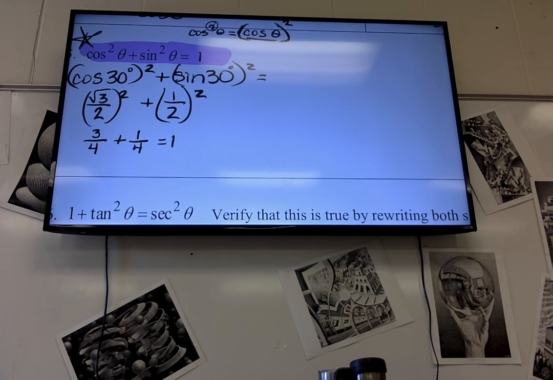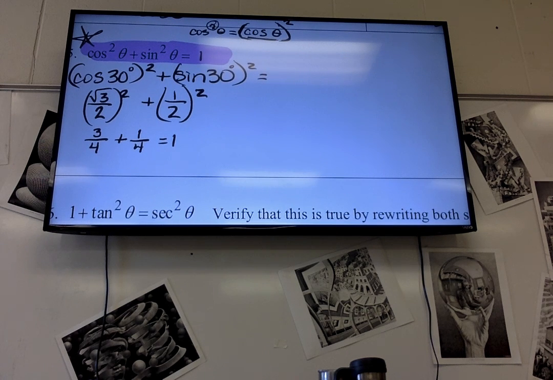Also, sometimes you'll see it where cosine is all by itself. So cosine squared of theta would be equal to 1 minus sine squared theta, just where we subtracted sine squared on both sides. Or you might see sine squared theta. What would that be equal to?